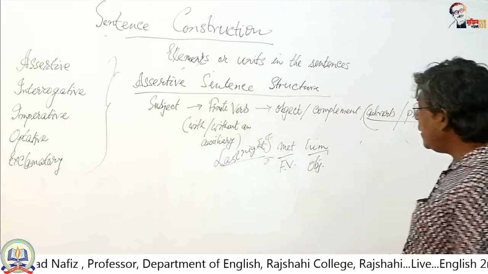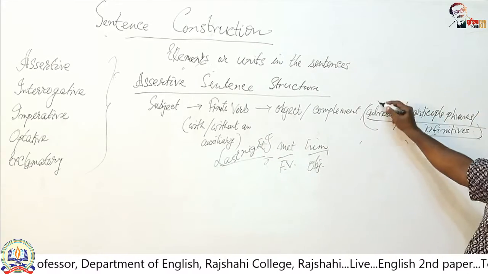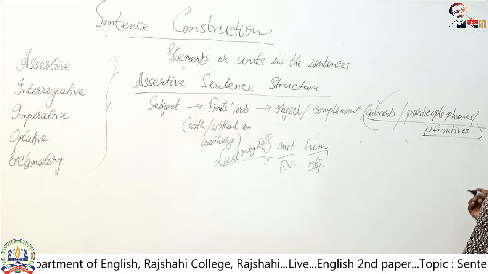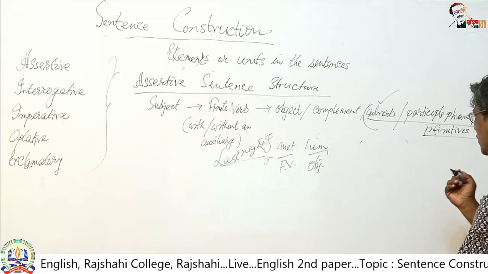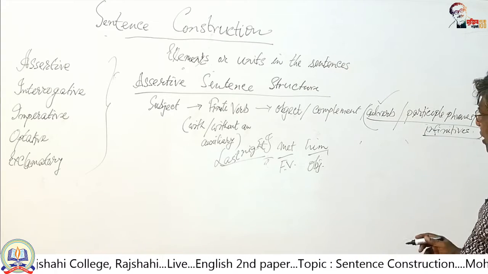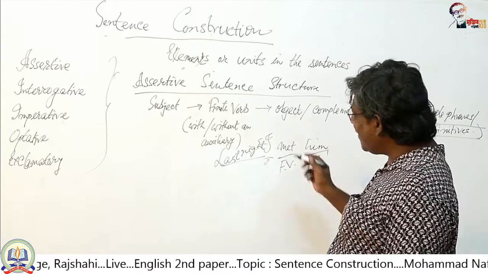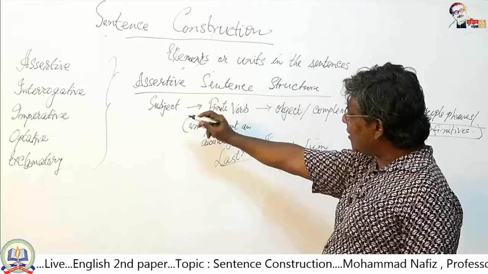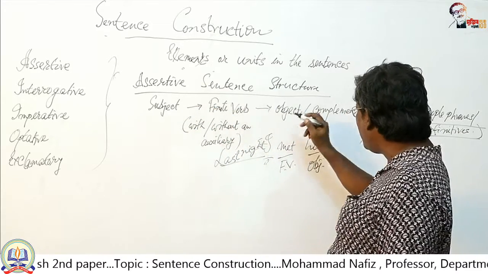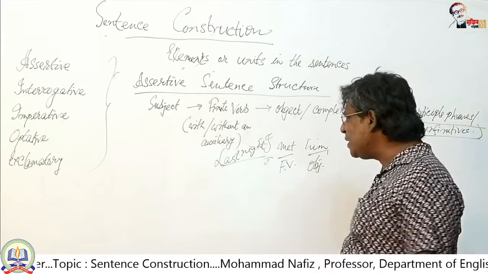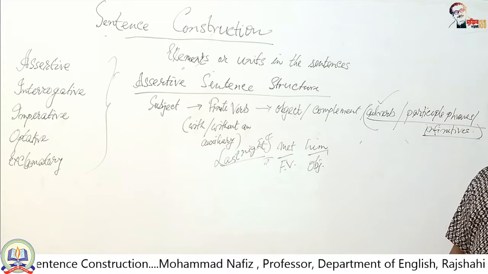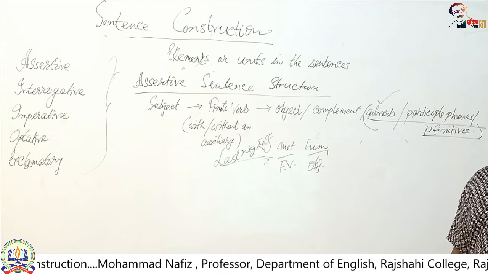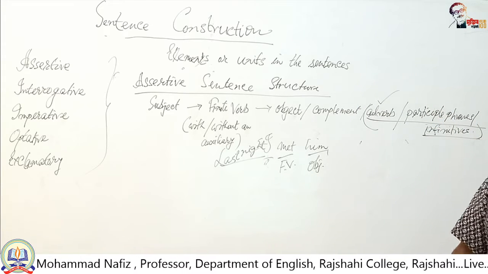But except this adverb or present participle phrases, sometimes or infinitives, you cannot use the other units such as the subject, finite verb or object or complement in any other alternative position or place in that clause.